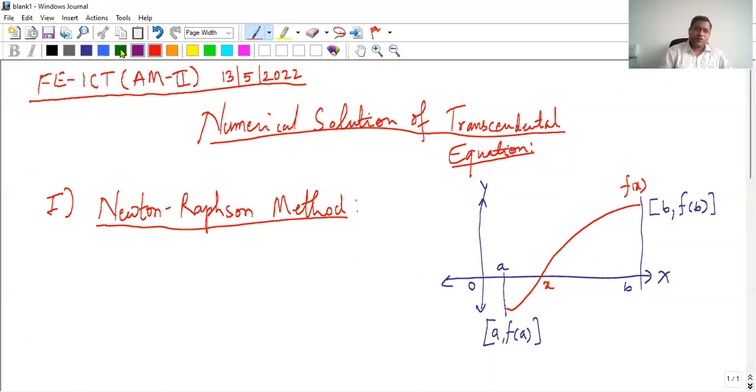Let f of x equal to 0 be the given equation.